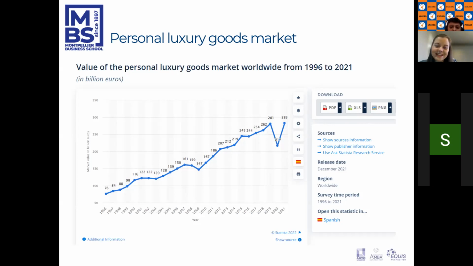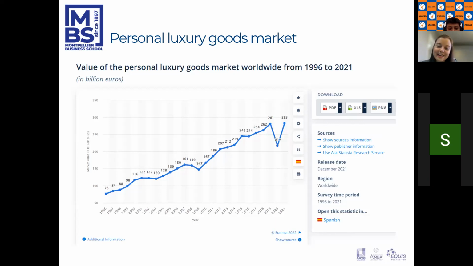As you can see here, I'm depicting a graph that shows the value of the personal luxury goods market worldwide, and how it was basically increasing between 1996 and 2021, with some exceptions. For example, in 2009, there was a decline because of the worldwide economic and financial crisis.